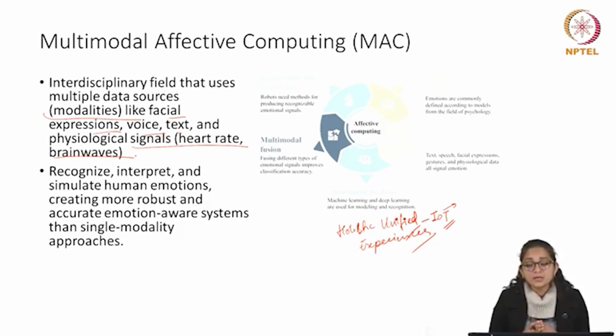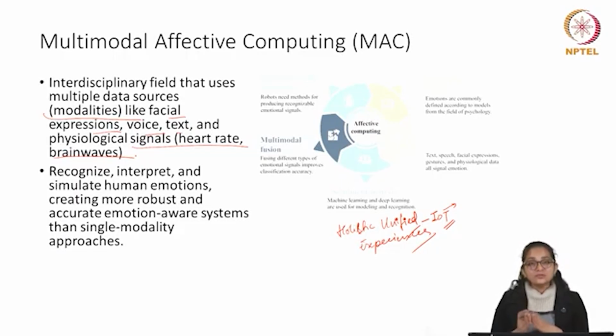But the moment we say that with emerging tech we want customized solutions, personalized solutions, the more personalization one requires, the more emotional and context aware the system has to be.